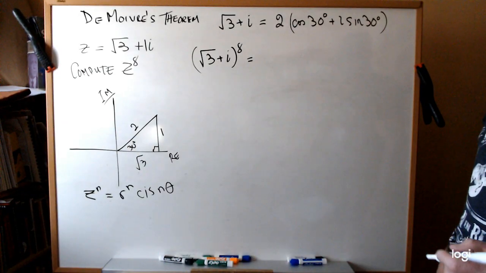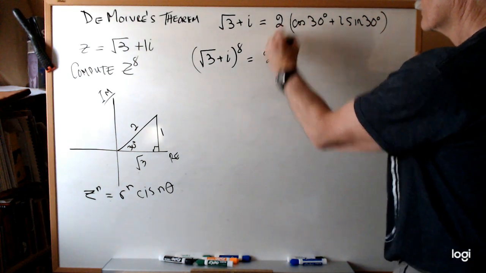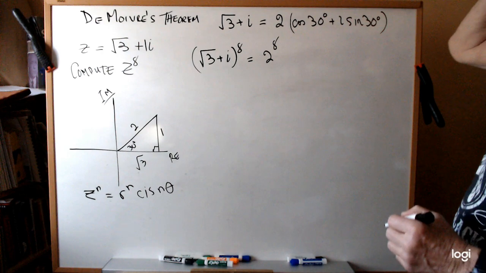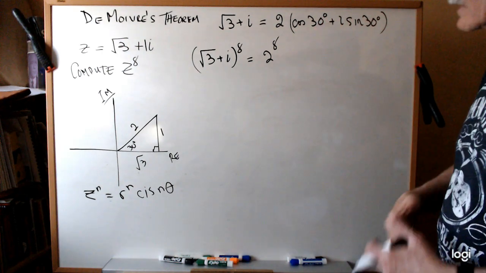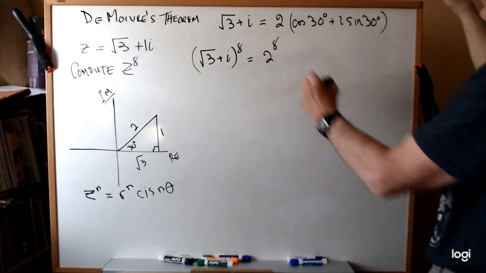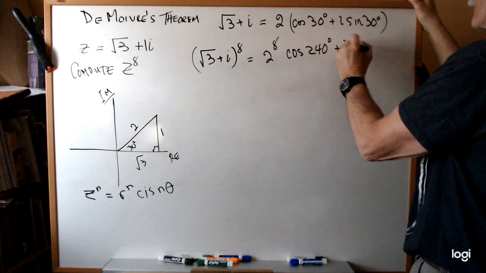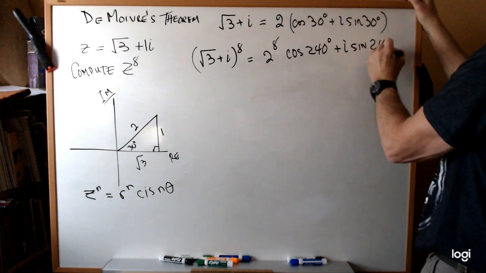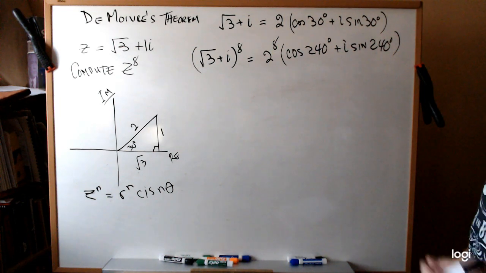So we raise the modulus to the 8th power, and the actual theta here is 30 degrees. What we would do is multiply that by 8. So 8 times 30 is 240. And this is our answer. This is what we have to work out.